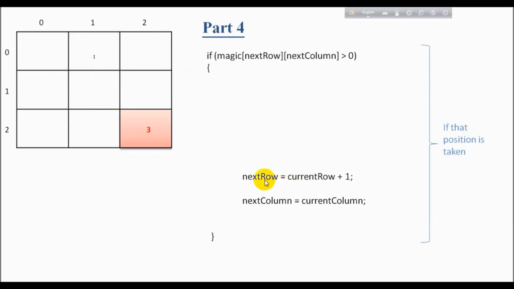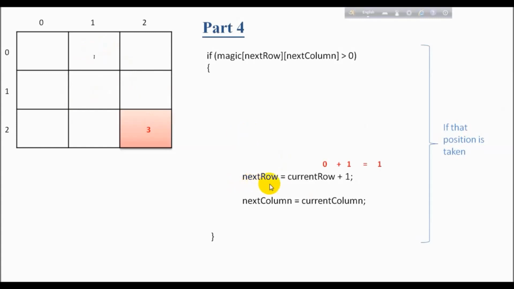So this is the code that will do the procedure. It says next row is equal to current row plus 1, and next column is equal to current column. So we will keep the current column and increase our current row number by 1 to get our next position. For this scenario, our current row number is 0.